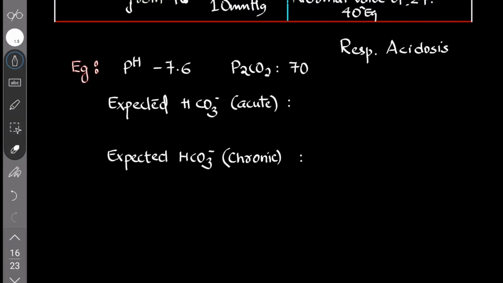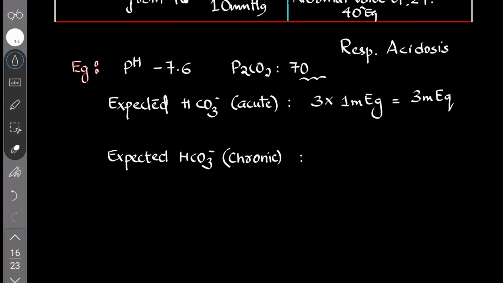So for acute, every 10 millimeter of Hg rise, 1 milliequivalent should be increased. Here, from 40 it is 50, 60, 70, that is 30 millimeter of Hg rise. So 3 into 1, that is 3 milliequivalents of bicarbonate should be raised.